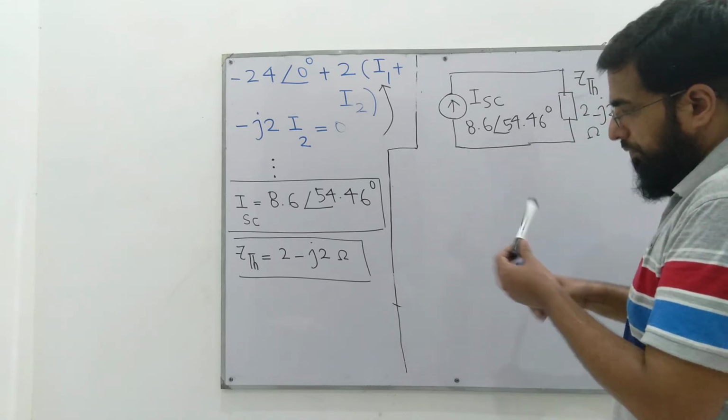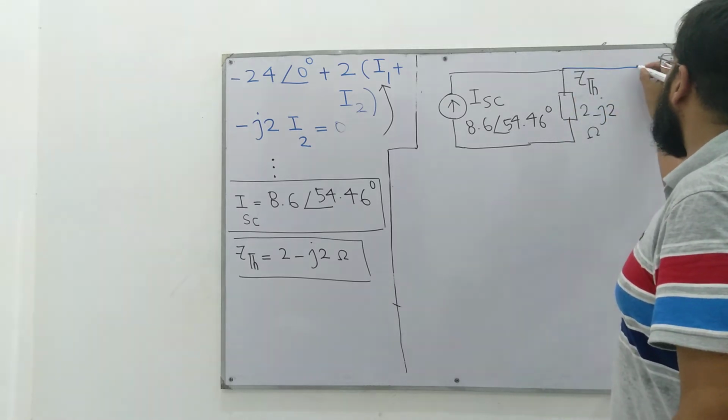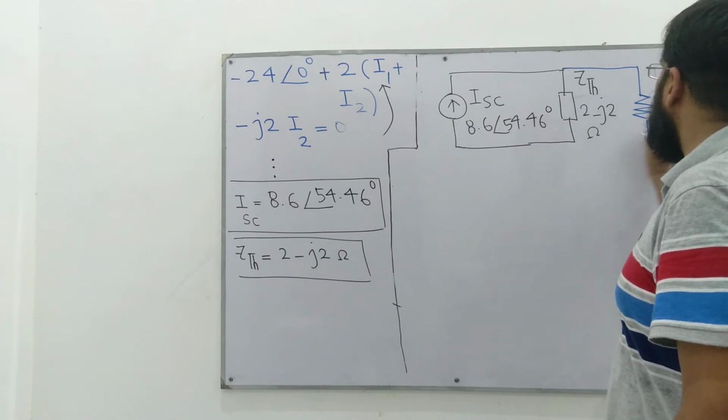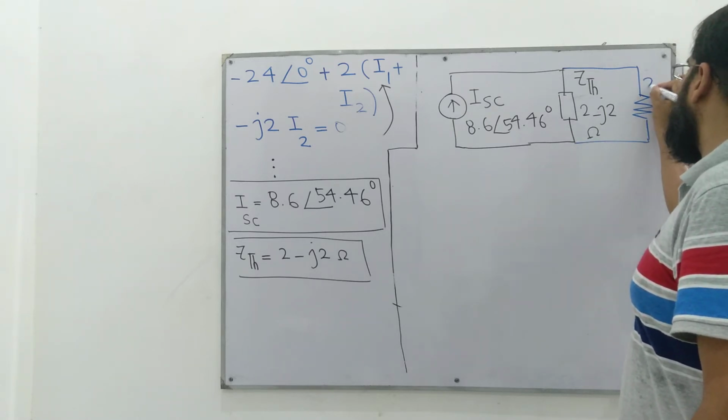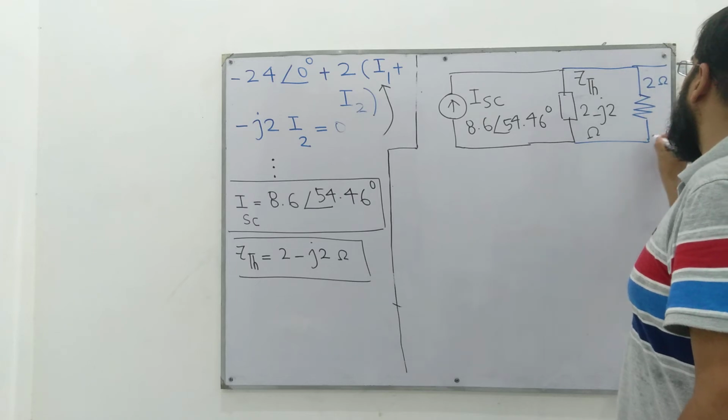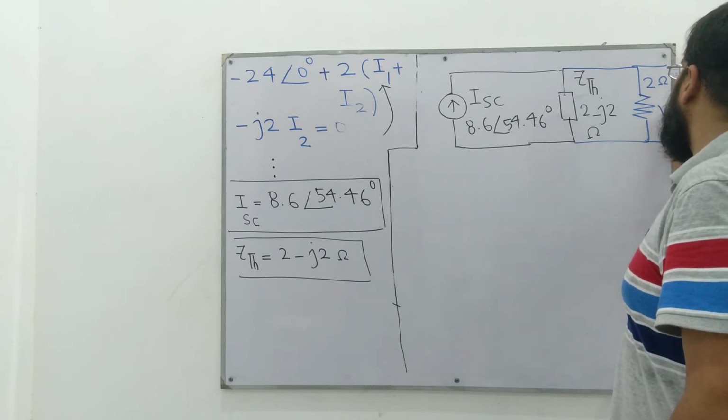And then we'll put the ZL that we removed in step number 1. It was 2 ohms. And we'll find the voltage drop across it.